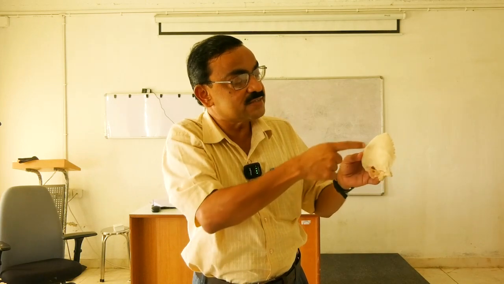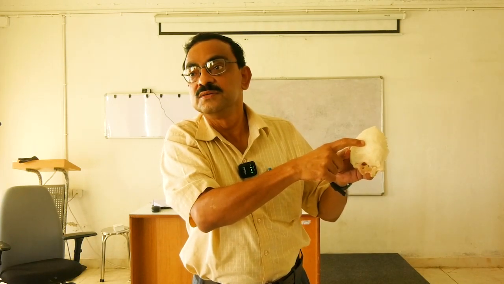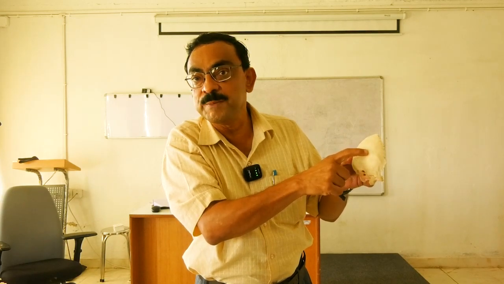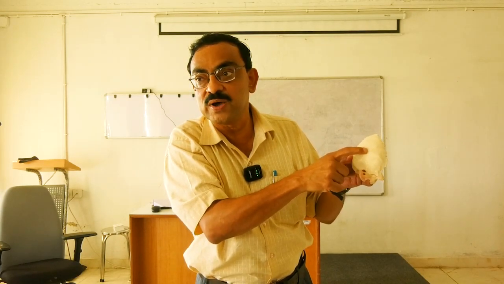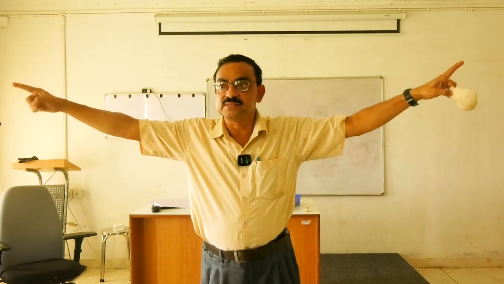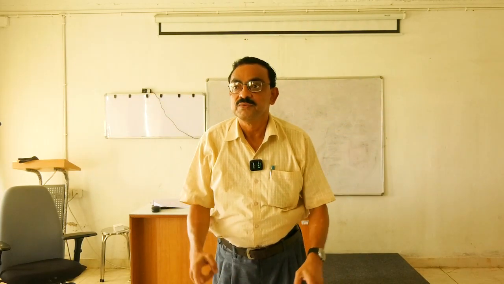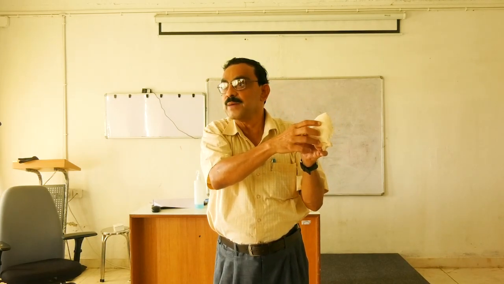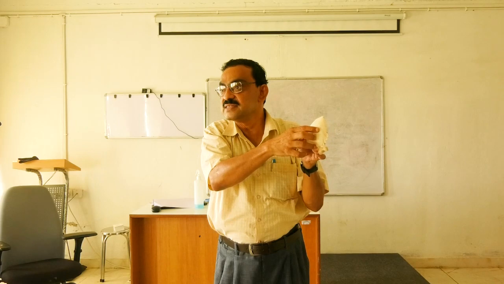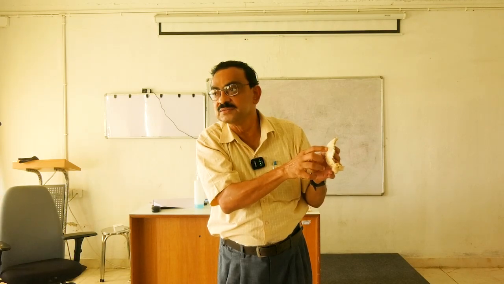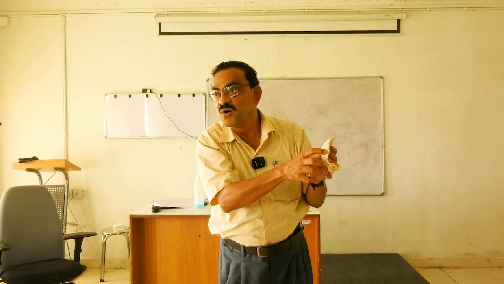The trapezius muscle gets inserted on the medial part of the superior nuchal line. The trapezius muscle is like this on the back. So the highest attachment of the trapezius muscle is the superior nuchal line.